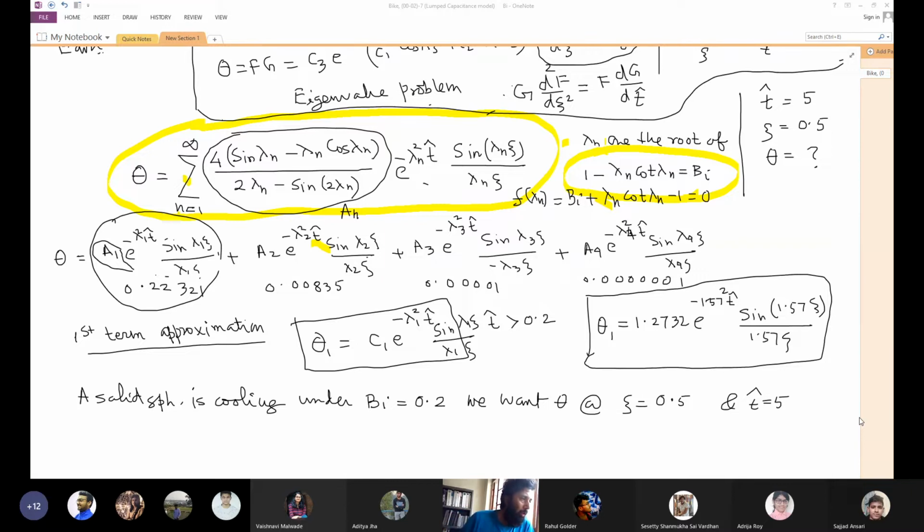Okay. Good. So now tell me what is the value of theta? Get the value of theta and type it here.